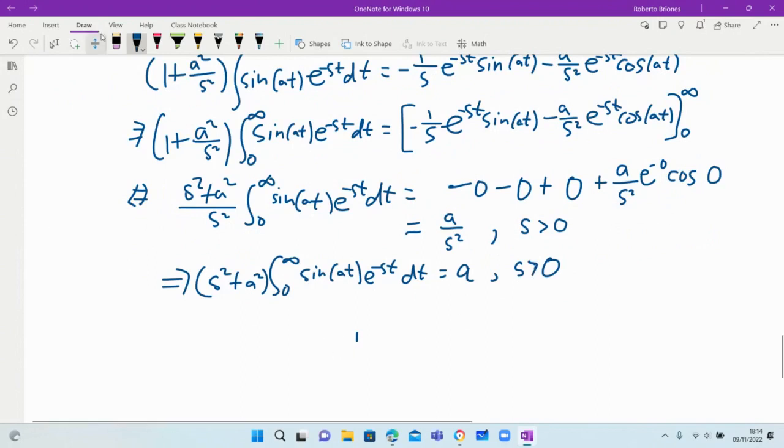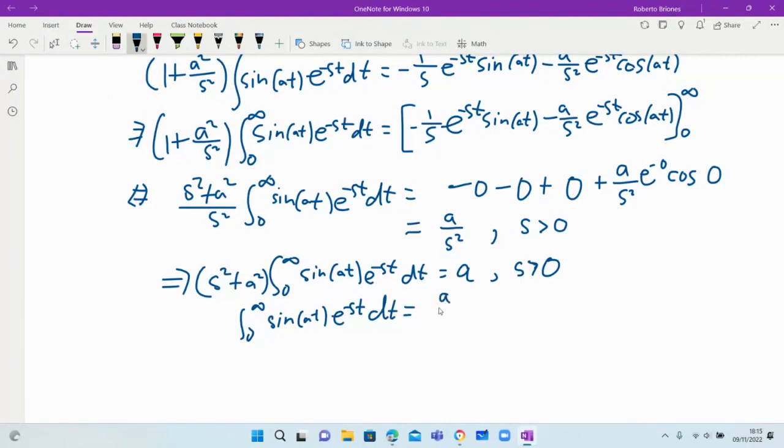And so in the end, what we will get is the integral from 0 to infinity of sine of at times e to the negative st dt will be equal to a over s squared plus a squared, as long as s is positive. And incidentally, the left-hand side of the equation is none other than the Laplace transform of sine of at.